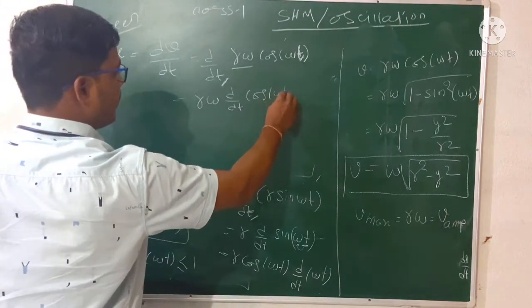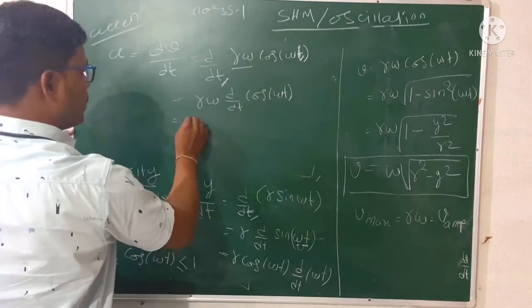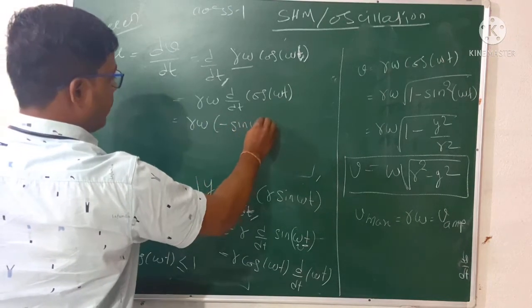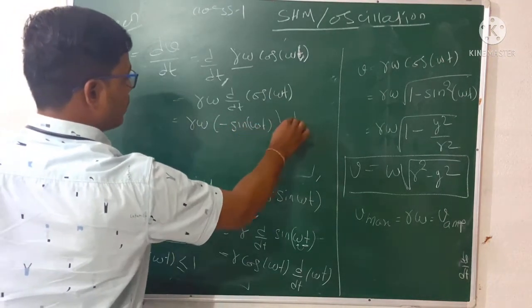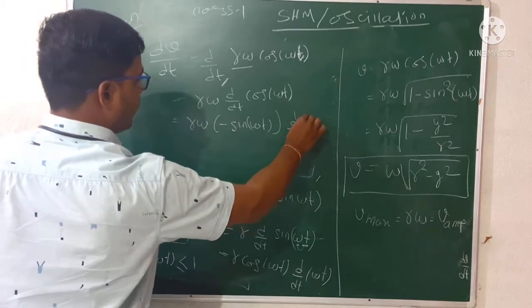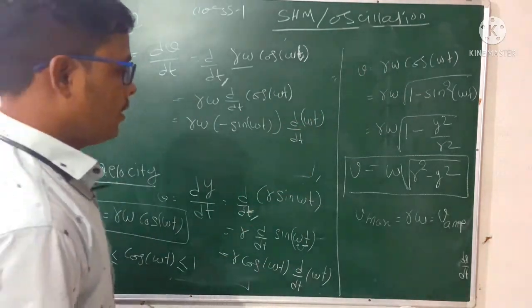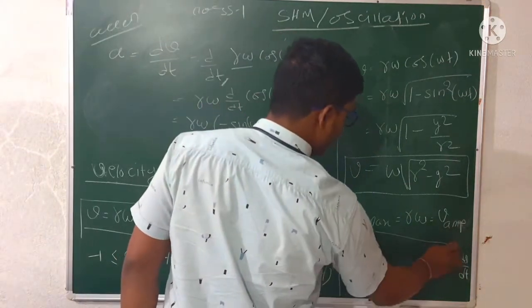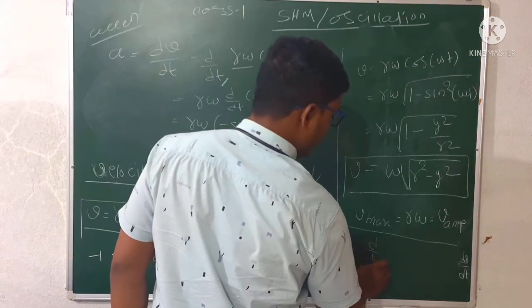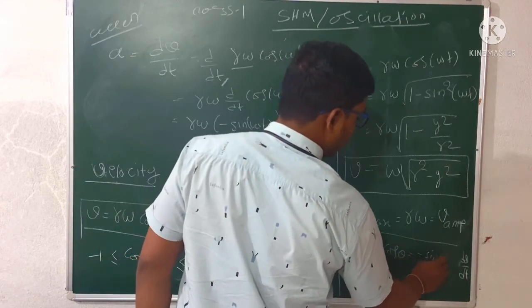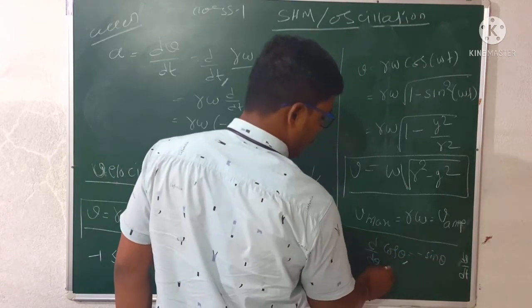What is the derivative of cos theta? This is nothing but minus sin theta. But again, you have to take the derivative with respect to t of omega t. This is also another formula. If it is d by d theta of cos theta, then that will be minus sin theta. Here theta, here also theta, so there will be no change.